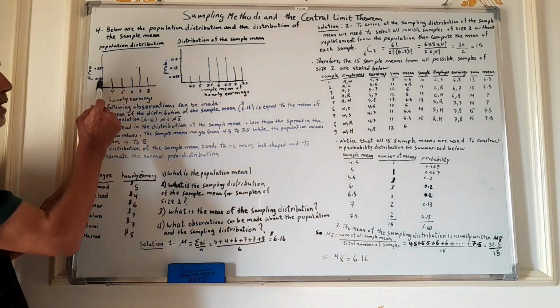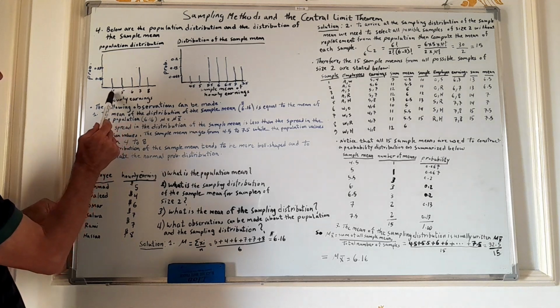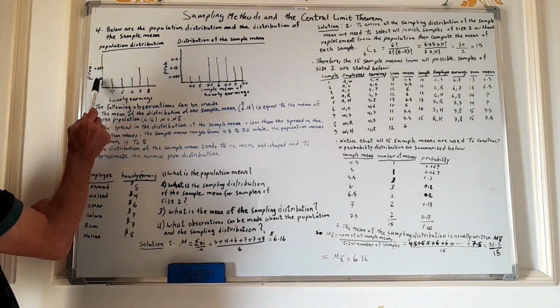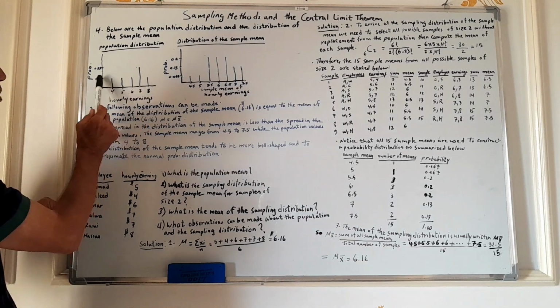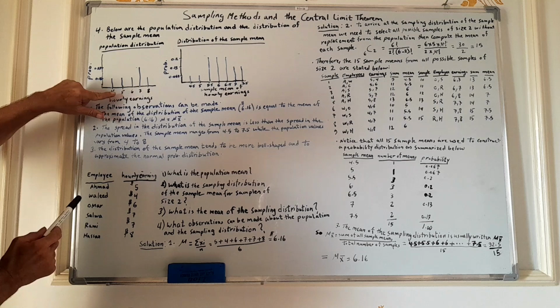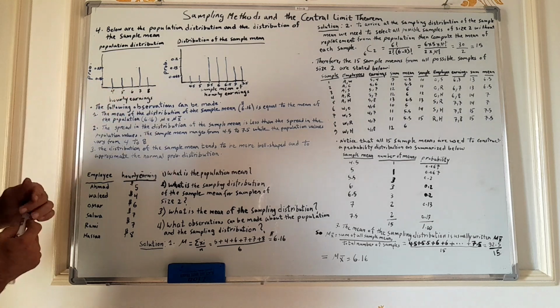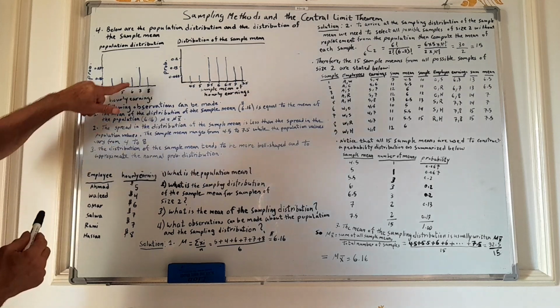So when we draw the distribution of the population, for 4 we got a probability of 0.16, 5 is 0.16, 6 is 0.16, 7 is 0.33, and 8 is 0.16. So this is the probability along the vertical axis, and here the hourly earnings. So this is the distribution.